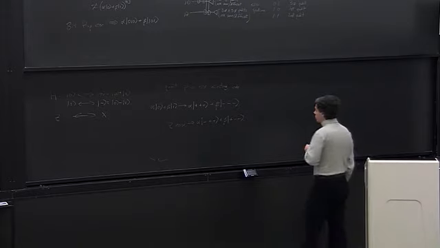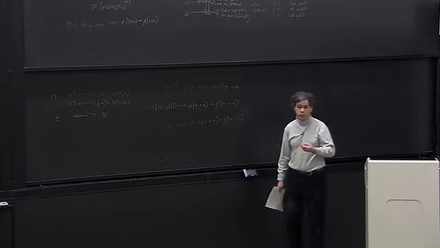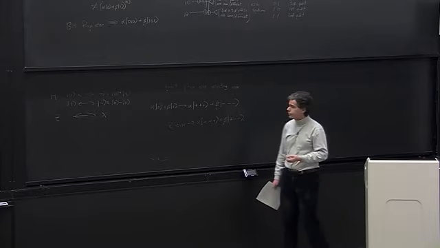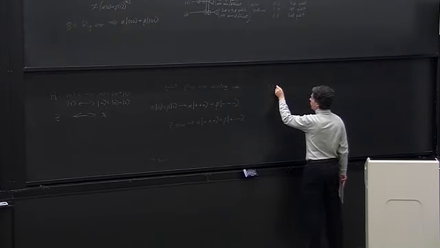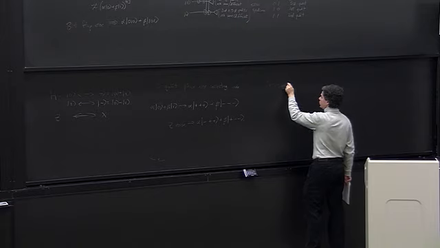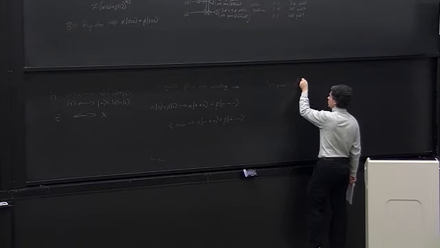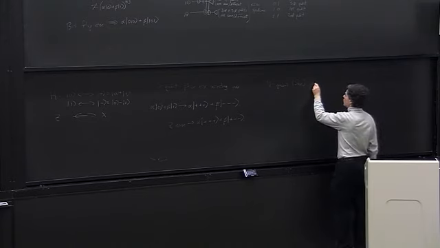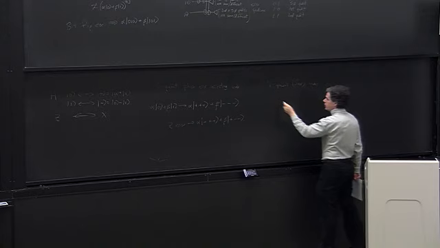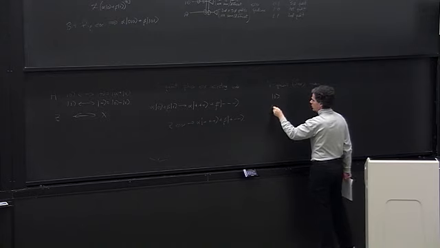OK, so how are we going to get around this? Well, we're going to have to go to more qubits. So in particular, this is the 9-qubit code, also known as the Shor code. He's the one that invented it. And what does it do?